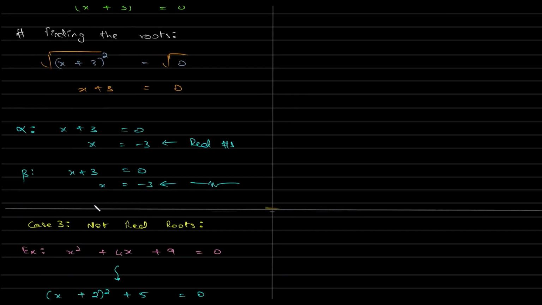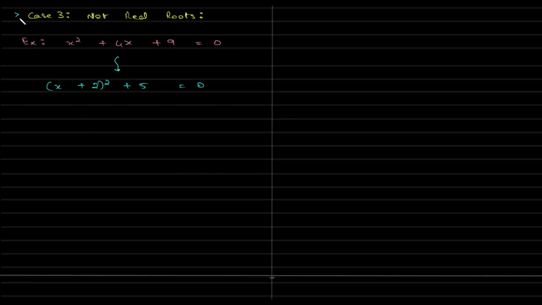The last scenario: the roots are not real. So you can get this scenario as well. Given this equation, you can convert it into the below by using the completing the square method.